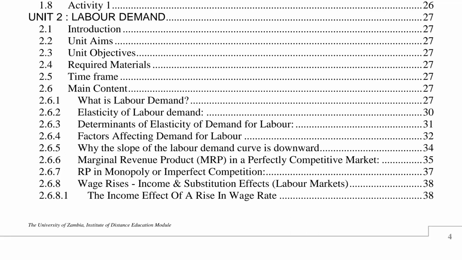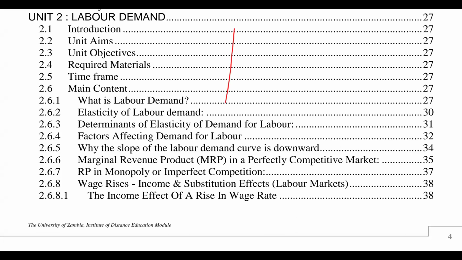The labor demand curve is just like a normal demand curve. It has a negative slope. That's to say it's downward sloping. But why would we say the labor demand curve is downward sloping? Why should it be sloping downwards? So we'll find out the reasons as we move on.